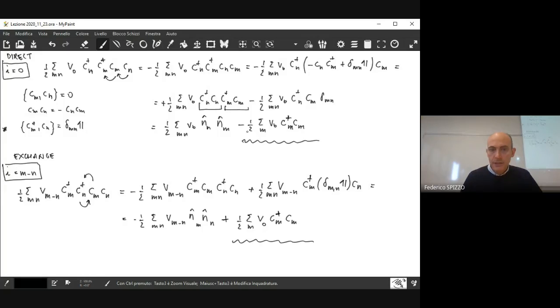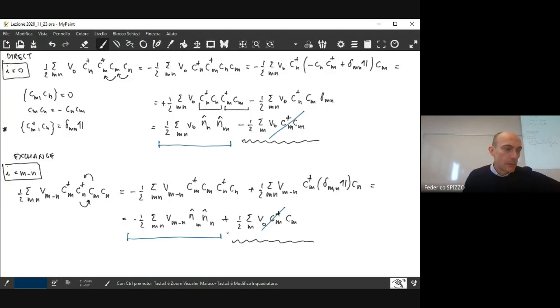The only thing that changes is the sign in front, because you have a minus sign here and a plus sign here. So when you sum up these two contributions, you have that this term can be simplified with that term. So at the end, we are left with just this contribution for what concerns the direct term, and this contribution for what concerns the exchange term.